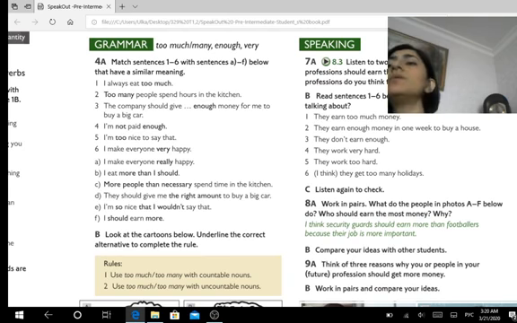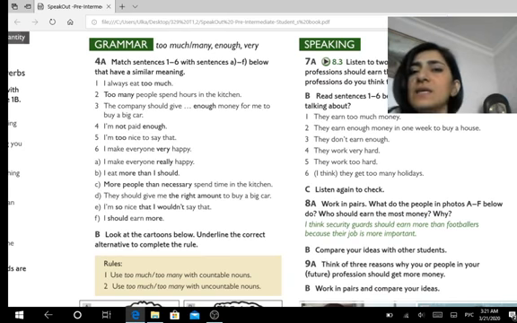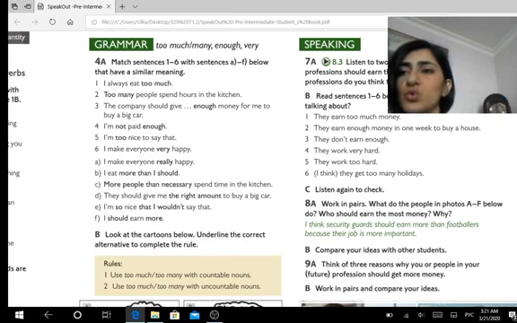Though we had two people, they talked about four professions, and you have to listen carefully to find out which four professions they talked about. And after that, in B, you have six sentences, and reading these sentences and listening to your recording, you will write down which professions these sentences belong to.